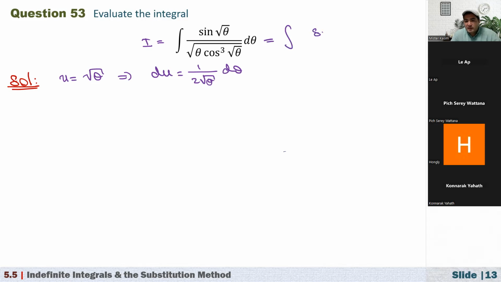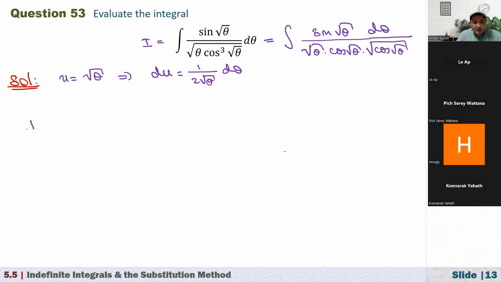So here we have sine of square root of theta over square root of theta times cosine cubed, right? So that's equal to cosine of square root of theta, and here we have square root of cosine of square root of theta. Okay, let me also write our d theta here. All right. Now, if I make this substitution, what do we have here?